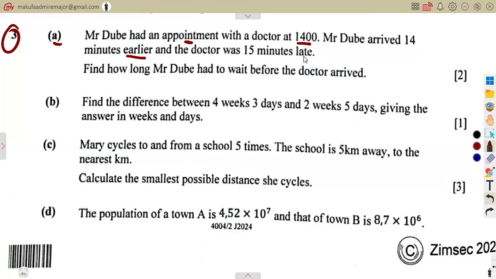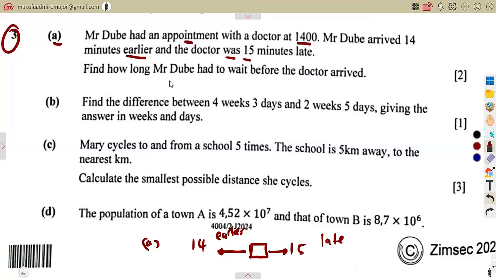We do not even want to know about that time, but we know that he arrived 14 minutes earlier. This one, it's early. And the doctor was 15 minutes late. We do not even want to know what time it was when he's coming. No. The difference is that they are in between the 2 p.m., which is the 1400 hours. This one is 14 minutes earlier. This one is 15 minutes late.